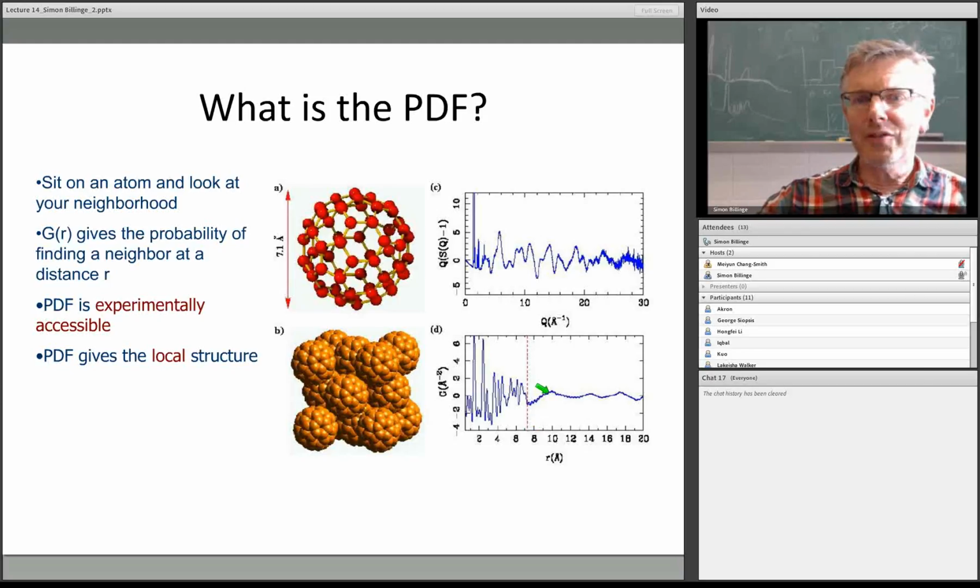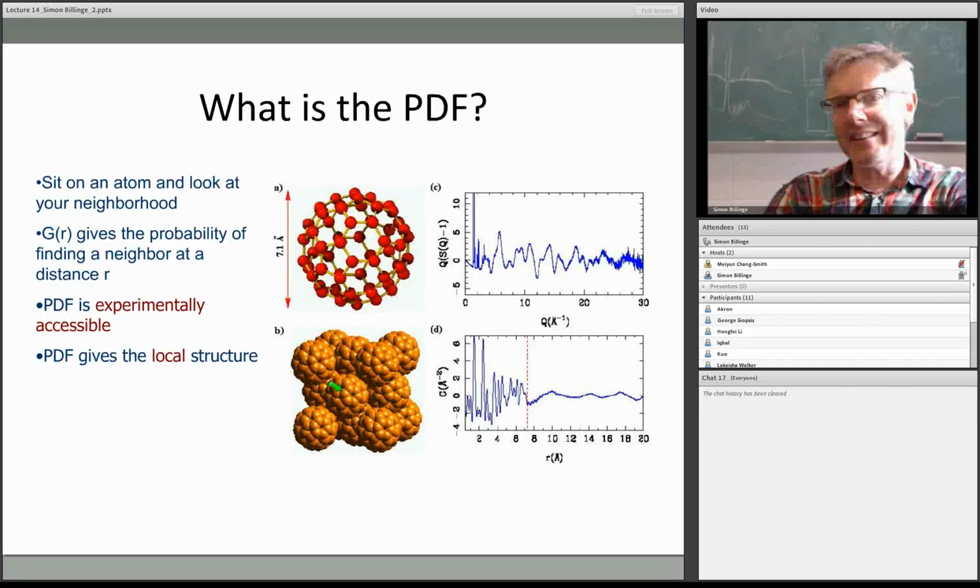And the balls form into an FCC structure. So the second neighbor distance is root 2 times 10, and the third neighbor distance is root 3 times 10. So this is 10. Root 2 times 10 is a little over 14. Root 3 times 10 is a little over 17. And so these peaks are giving information about the packing of the molecules.